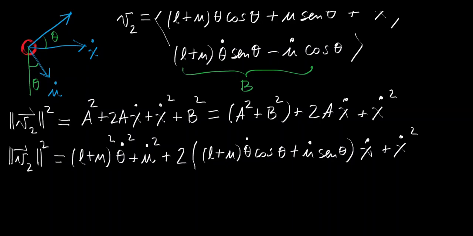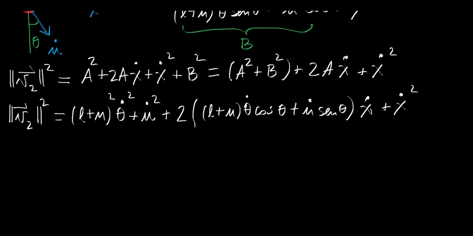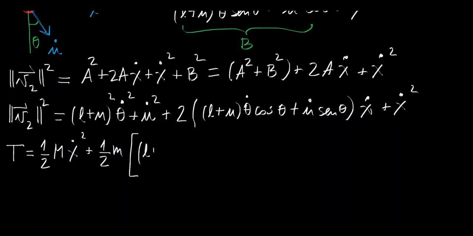So we can write our kinetic energy as the sum of the kinetic energy of the card plus the kinetic energy of the second mass. It's a big expression here, so let's write it.